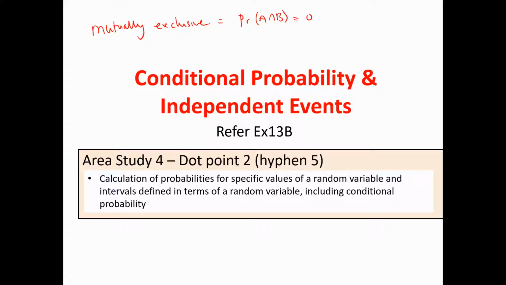Let's go with Aaron. An independent event is one where there's no effect on the two events. Whatever happens in A doesn't affect what happens in B. That is correct. So how's that different to mutually exclusive?